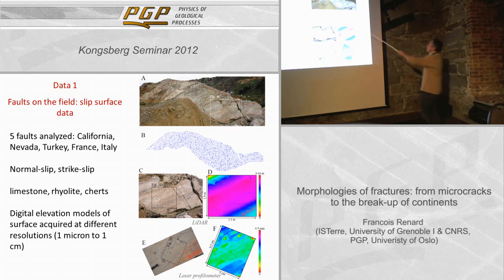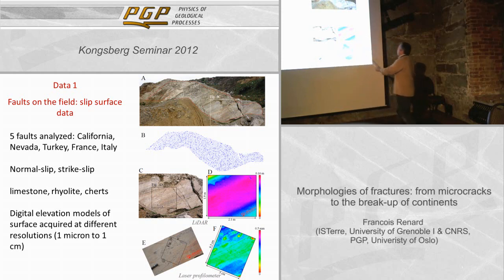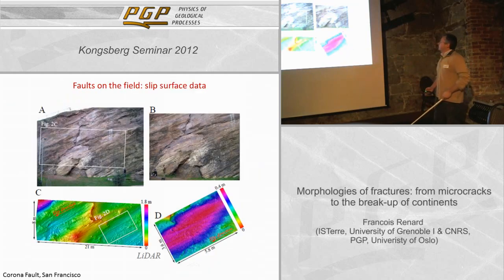And what we did, we scanned this rupture surface at different scale. So at the scale of meter, to the scale of centimeter, and even to the micron scale. So we could have some piece of this surface at a resolution from 1 micrometer to 1 centimeter up to surfaces that are meter long. And we analyzed 5 surfaces like that.